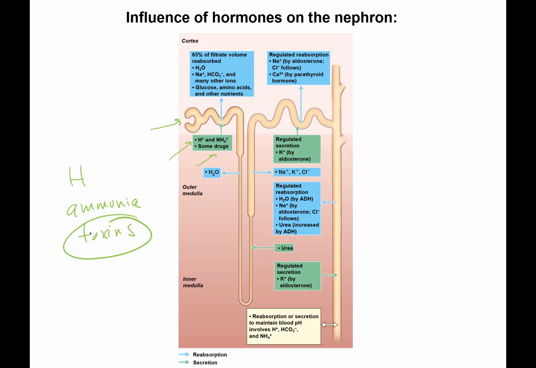Medications and so on. So that kind of falls under the umbrella of toxins. So the arrows are showing that all these byproducts are left in the tubes, and then there are things that are brought out of the tubes.